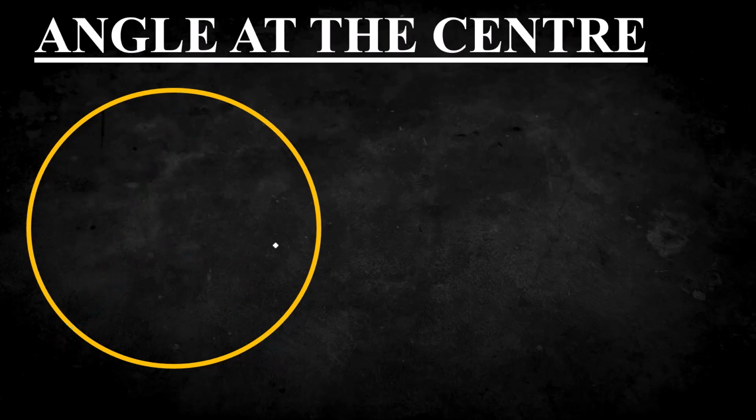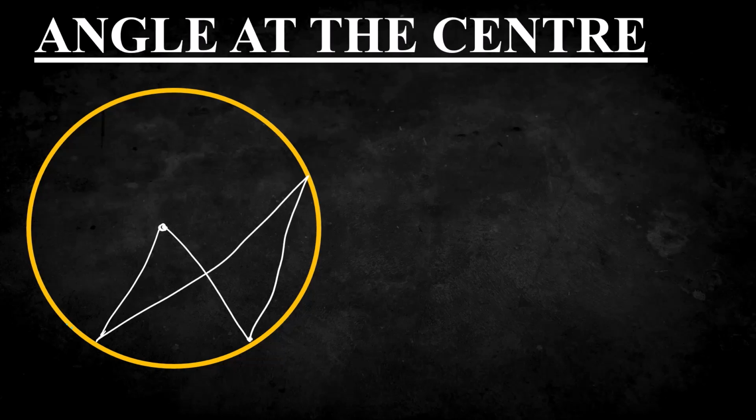Now they can also form the same angle like this, something like this. So this one is the same thing.